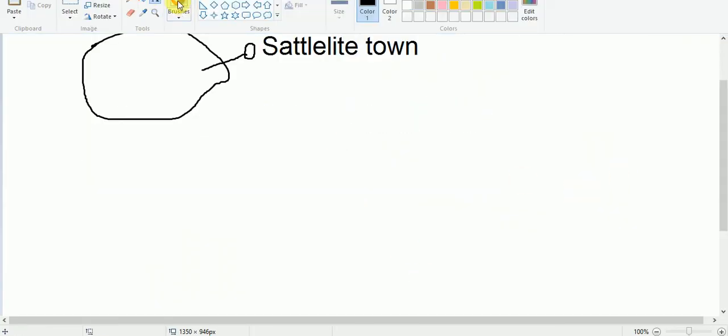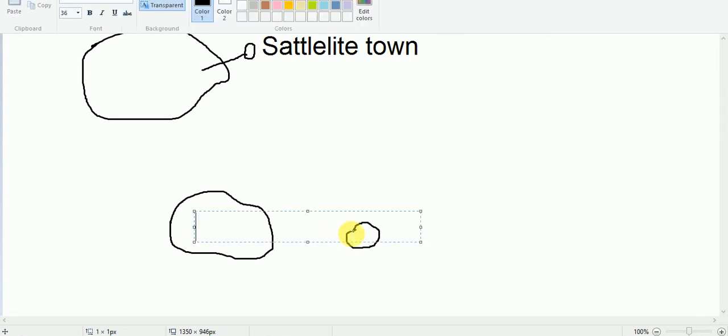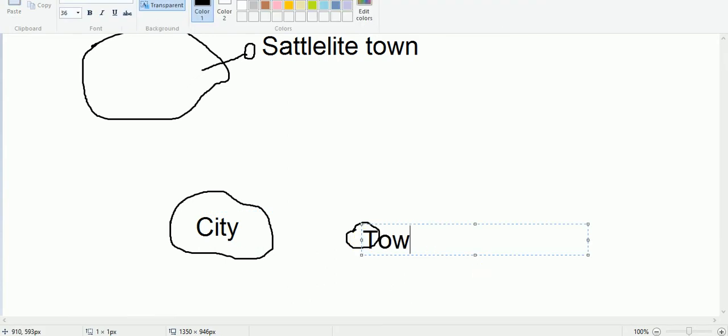Let us say this is a city, and a town is located here.